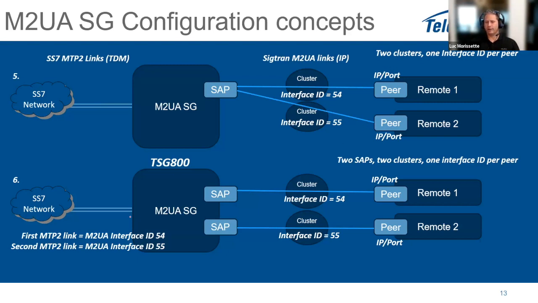And the last mode I'm showing here is that locally, we can also have different local interfaces to send to remote systems. So before starting to configure M2UA, you need to understand what mode we need to configure, and then apply this configuration to the system. If you don't think about this before, then it may get complicated to understand how this needs to be configured.